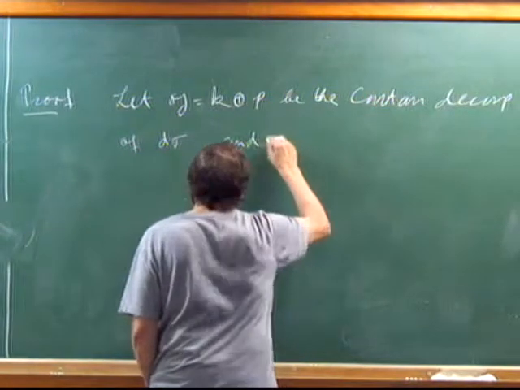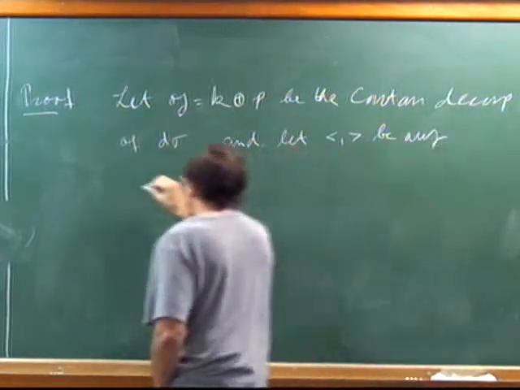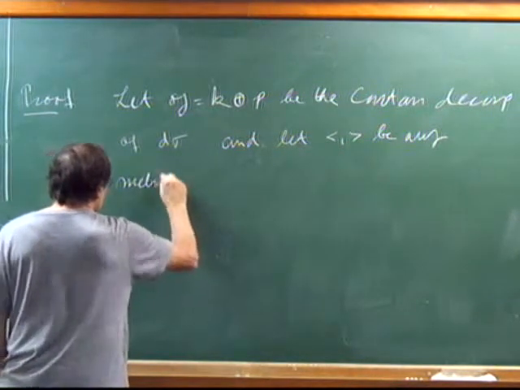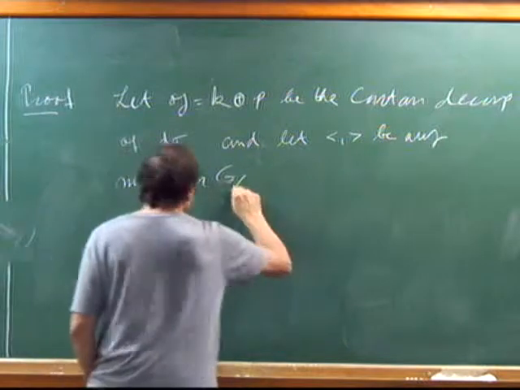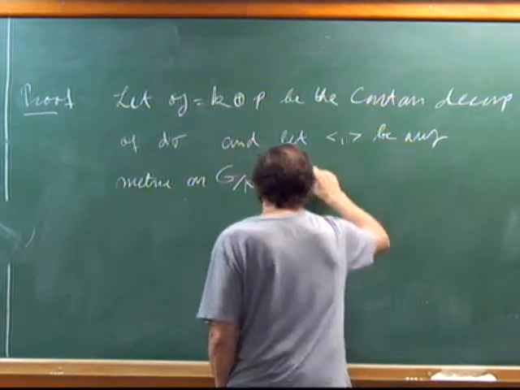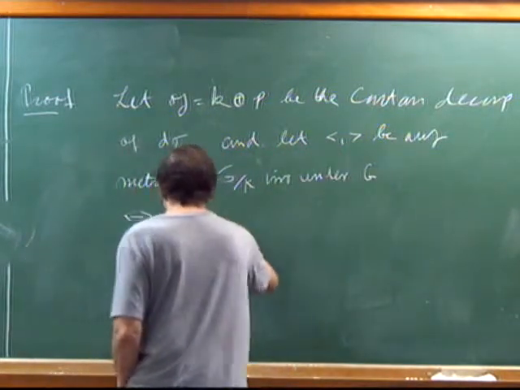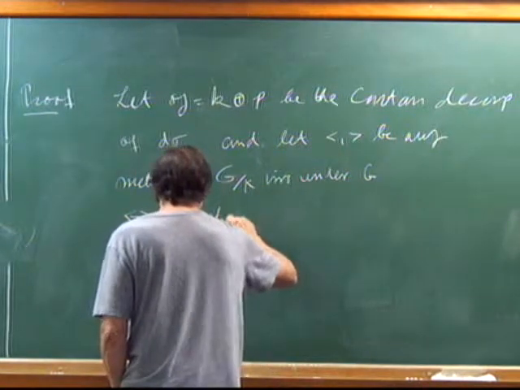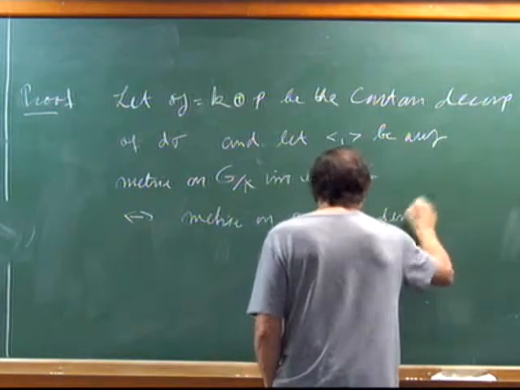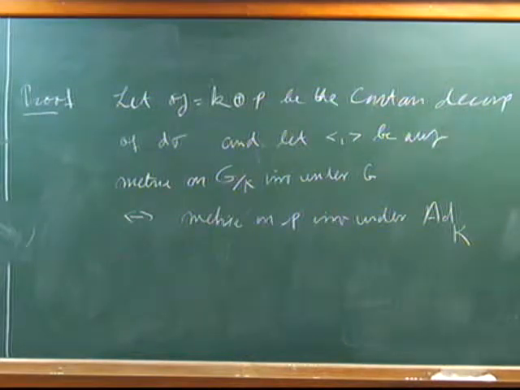And let this be any metric on G mod K invariant under G, which remember is in one-to-one correspondence with a metric on P invariant under Ad K, what we just discussed in general for homogeneous spaces.